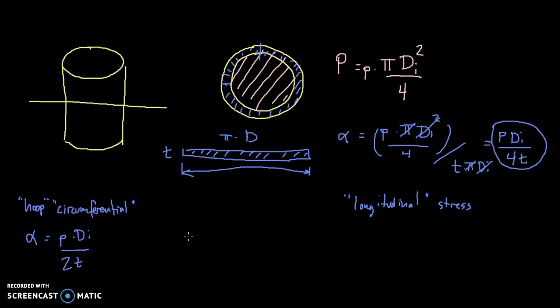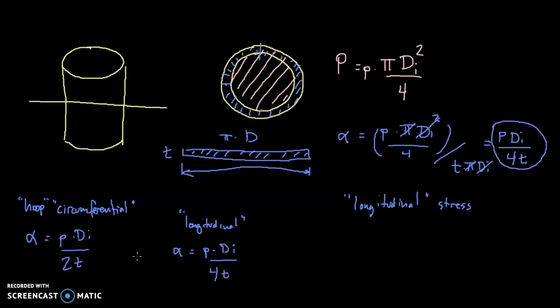And then we have the longitudinal stress, which is acting in the opposite direction, and that stress is equal to little p times D_i over 4t.